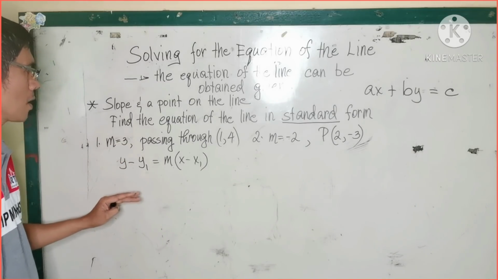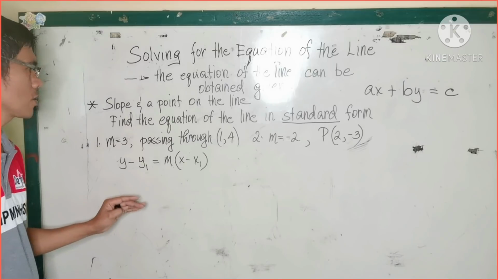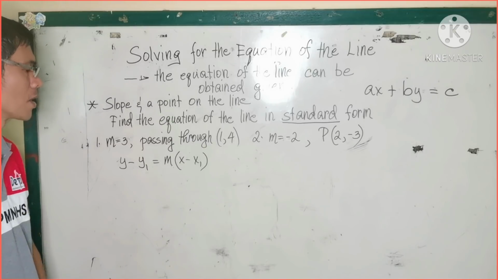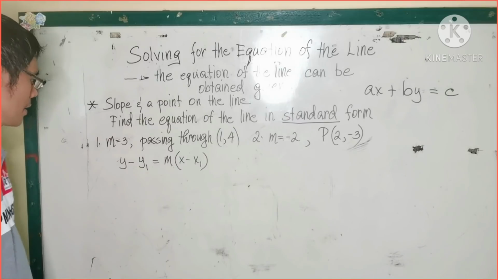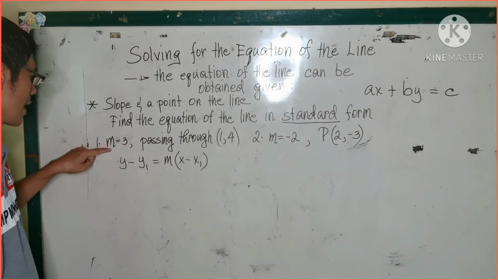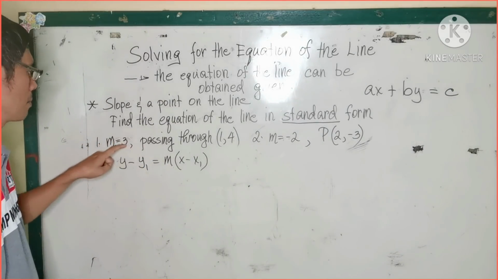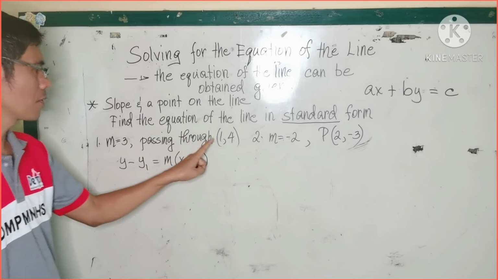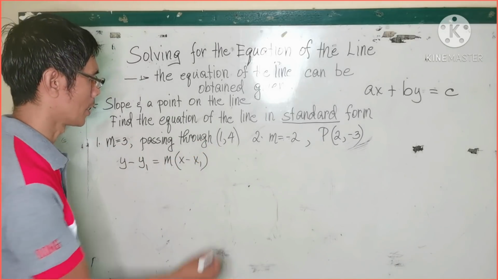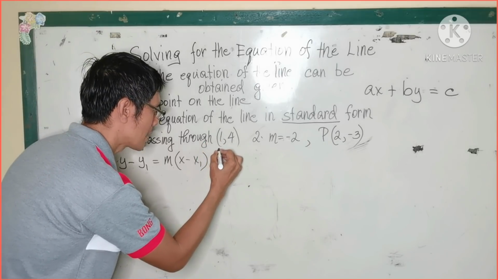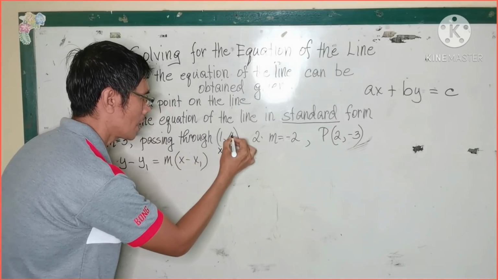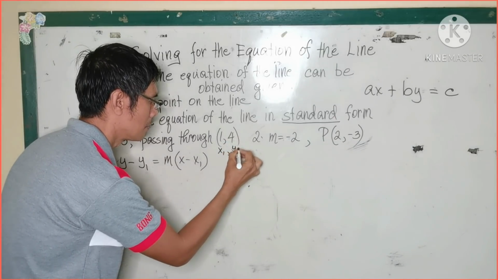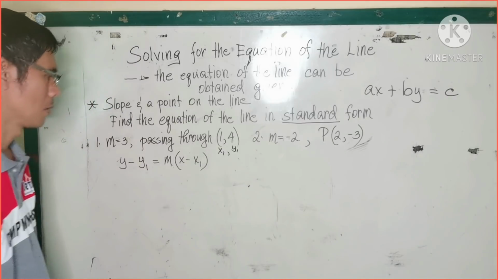So how shall we obtain now the equation of the line in standard form? First, we are going to substitute the given values. Of course, our m is 3, so this m will become 3. And from this point (1, 4), our 1 will become our x sub 1, and your 4 will become your y sub 1.